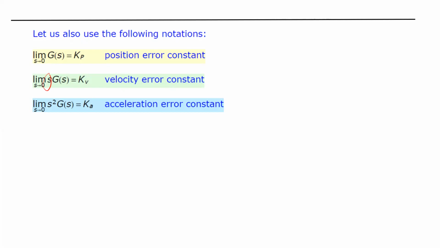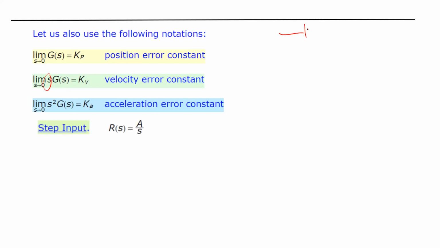But wait a minute, how do I define it? Suppose my input is a step input, for the same unity feedback system. Now this G of s is what is called the direct function, or the direct gain.